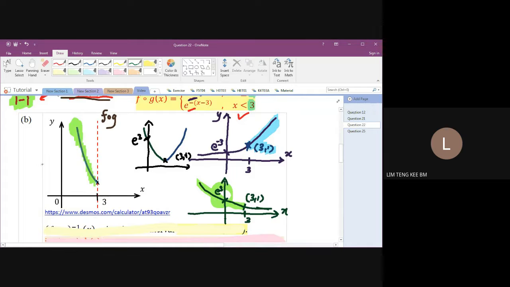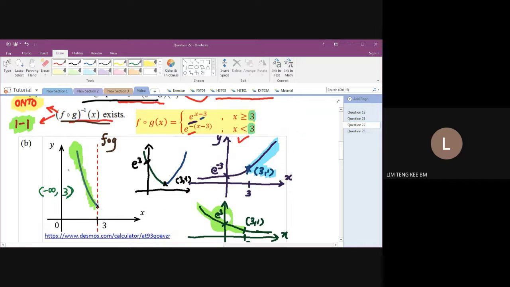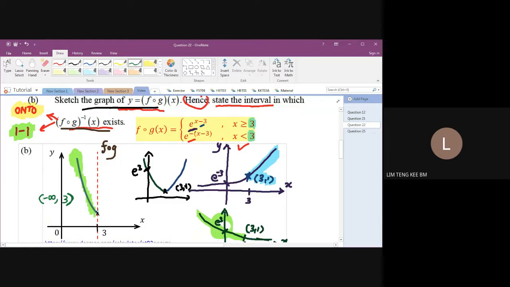And for this case, what is the interval involved? It will be negative infinity until 3, but not including 3. I want to emphasize not including 3 so that I can have a very clear cut on which function to refer to, because for this function here, x is not equal to 3. So by just referring to this part of the piecewise, it is a one-to-one function and the inverse exists.